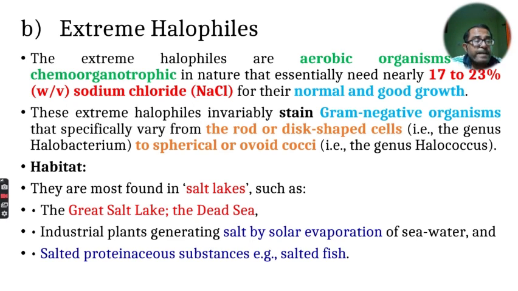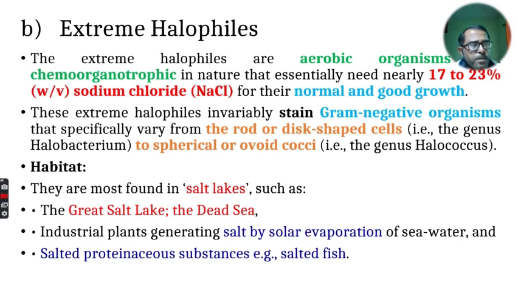And these halophilic bacteria are most commonly found in salt lakes. For example, Great Salt Lake, the Dead Sea. Also, these bacteria are most commonly present in industrial plants which are generating salt by solar evaporation of the seawater.